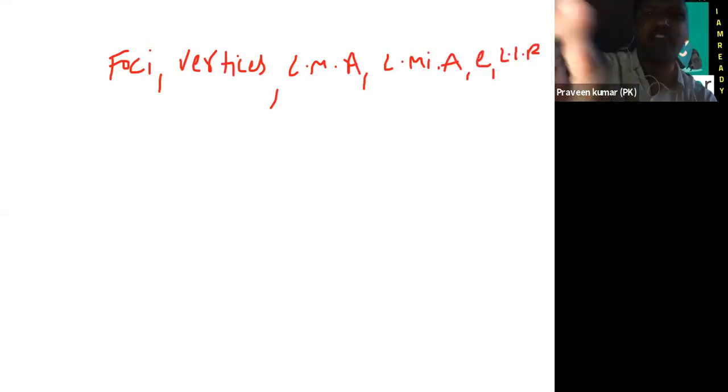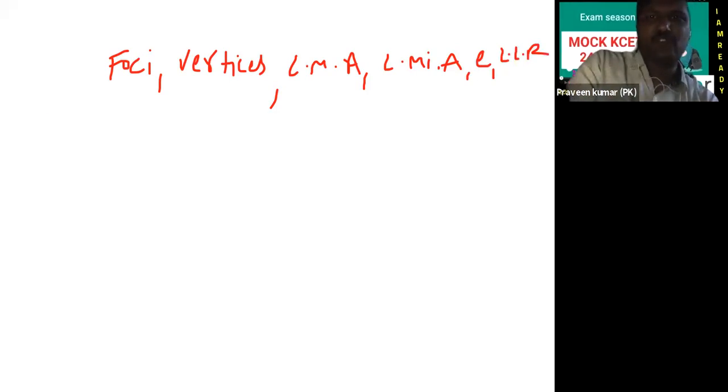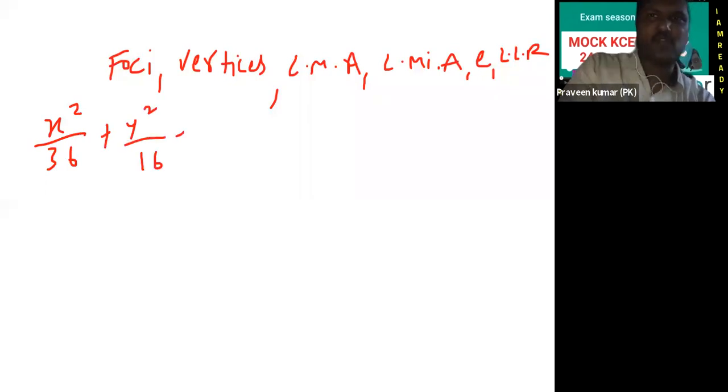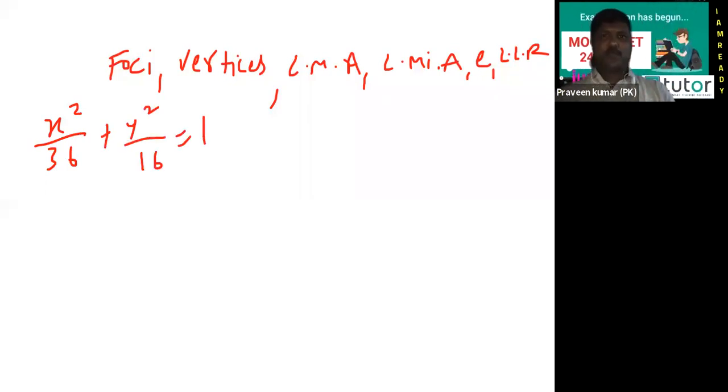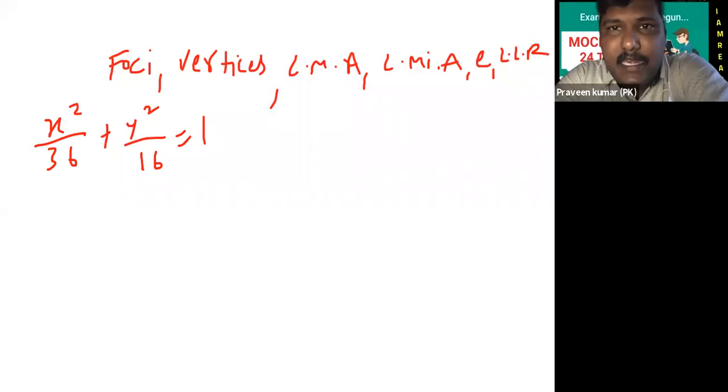These are all you can find for this. First question: x square by 36 plus y square by 16 is equal to 1. What are the things you need to find? Foci, vertices, length of major axis, length of minor axis, eccentricity, length of latus rectum.